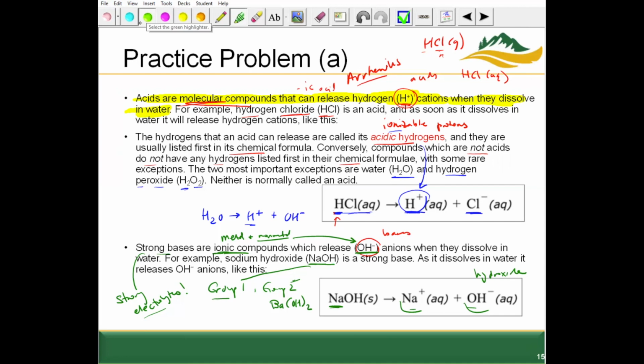Then for bases, strong bases, these are ionic compounds, which release OH- ions when dissolved in water. So really importantly, acids are molecular compounds that can release H+ cations when they dissolve in water. Strong bases are ionic compounds which release OH- ions when dissolved in water.